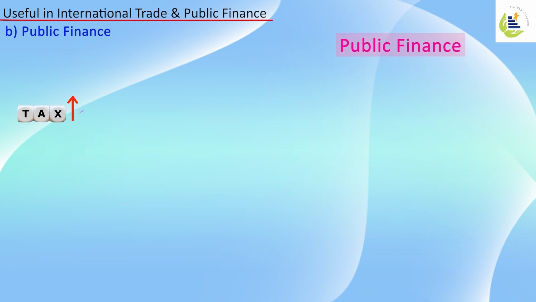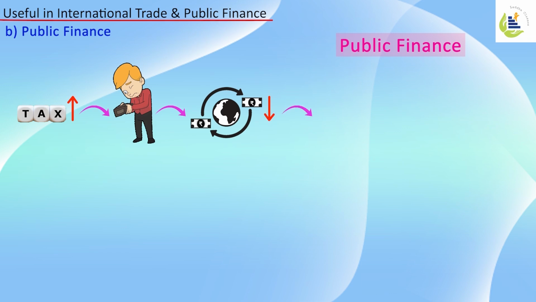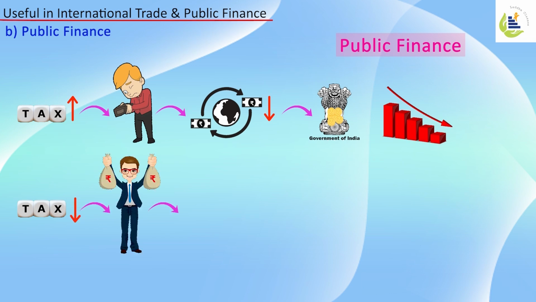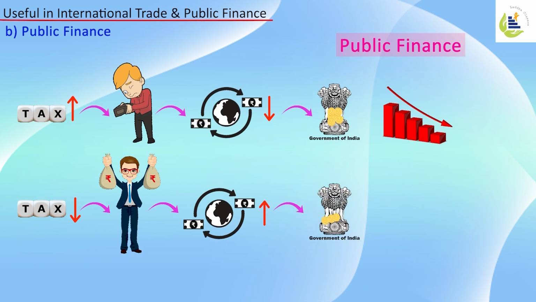Higher the taxation, lesser will be the disposable income, less money will circulate. But collection to the government will be relatively high. But since the overall circulation of money is less, overall economic growth will be less. So lesser the taxation, higher will be the disposable income. So higher will be the money rotation, but relatively less will be the government's income. But overall turnover or momentum in the economy will be high.